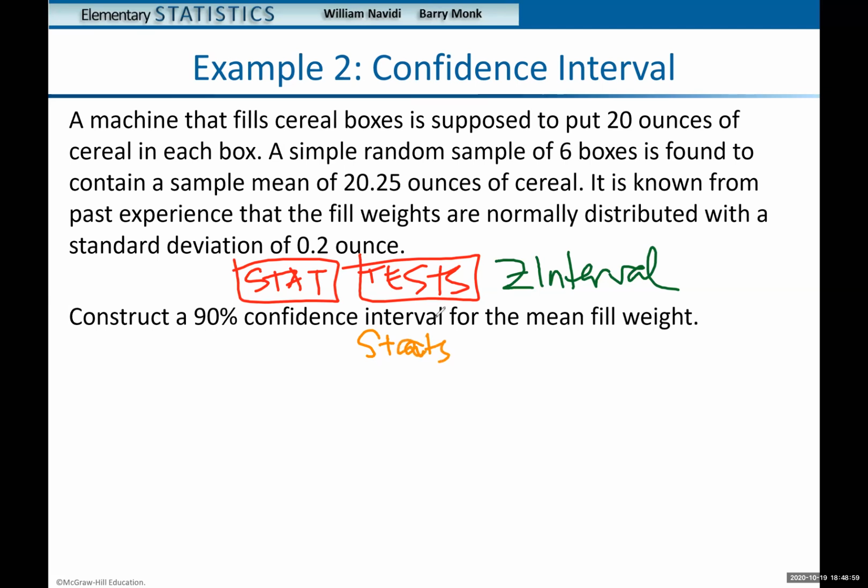Then you will see population standard deviation, the mean, n, and the confidence level. You see this?